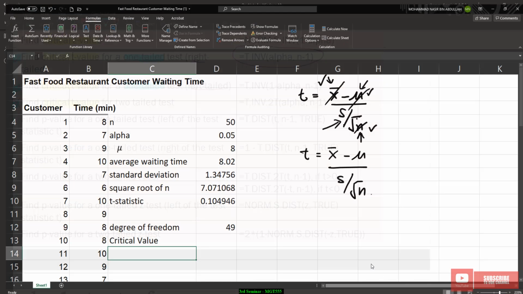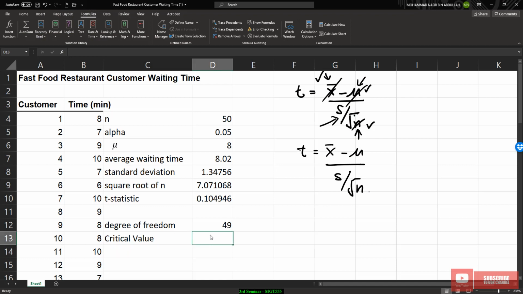So our critical value equals T.INV. First kita kena masuk the probability value which is our alpha, and then the degree of freedom. Dia kata kat sini degree of freedom, so letak degree of freedom, and it will give us the value.